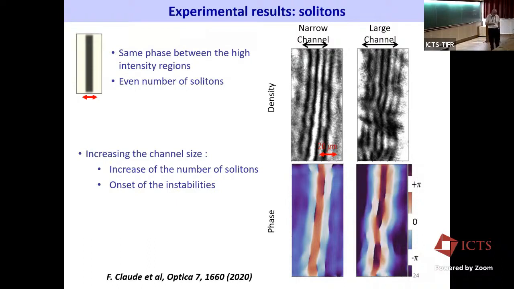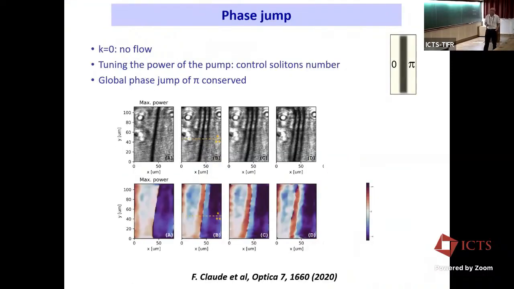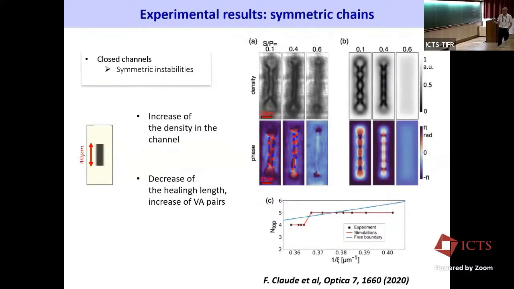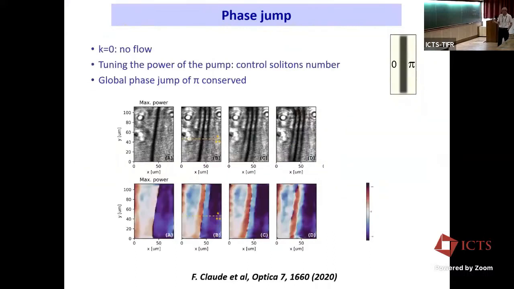Then it is possible also to play with the phase jump. If we have now two high density regions with a pi shift between them, of course, the global phase jump has to be conserved, and then we can observe only an odd number of dark solitons, 1 or 3, depending on the power that we set in the inner channel.